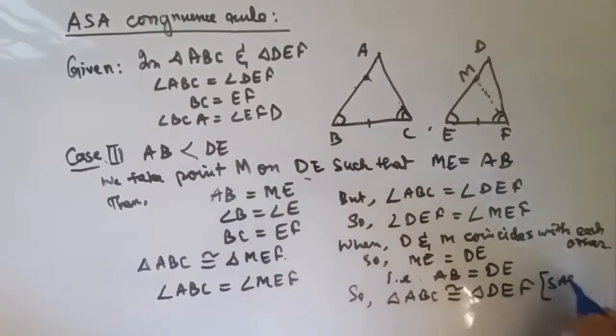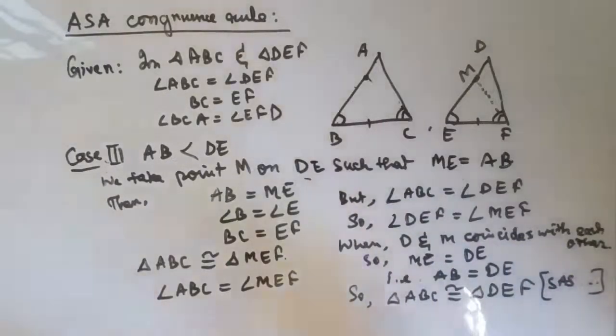By SAS Congruence Rule, that is, side AB is equal to side DE, side BC is equal to side EF, and the included angle B is equal to angle E.